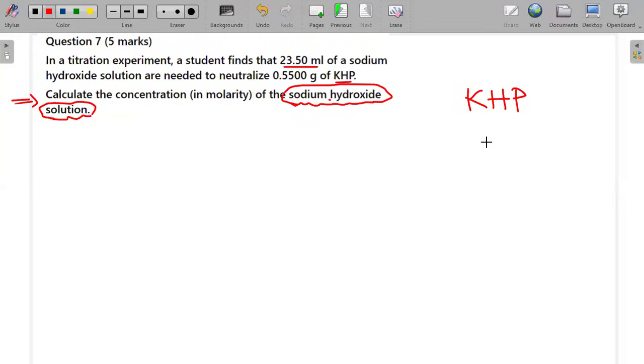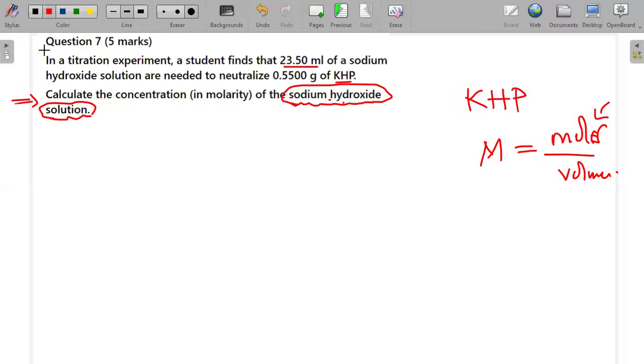So how are we going to calculate this when we have just been given the volume? Remember, to calculate the molarity, we need the moles, divided by the volume in liters. So where are we going to get the moles for the sodium hydroxide? We're going to get it from the molar ratio of the potassium hydrogen phthalate with the sodium hydroxide.